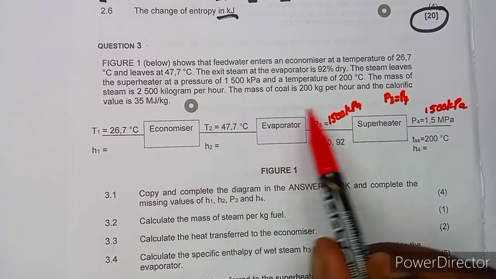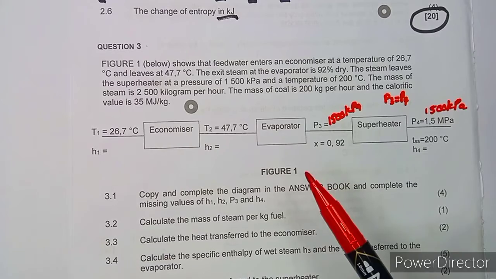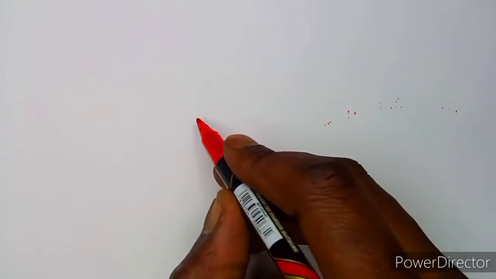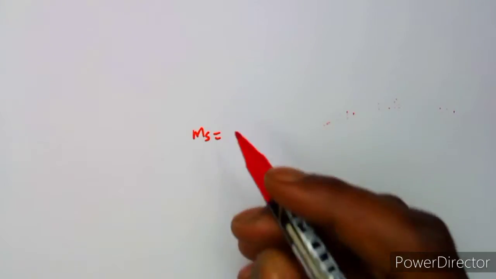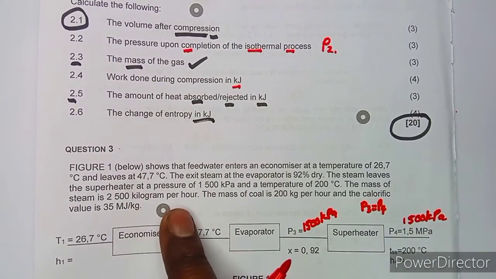Then we are also given the mass of steam. Let's just put our information down. The mass of steam is 2500 kg per hour.